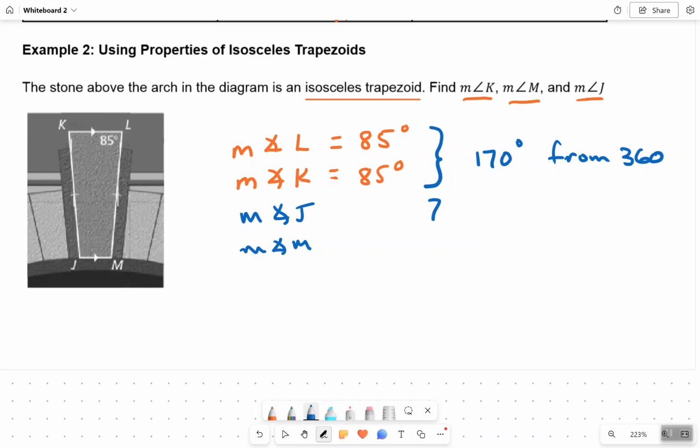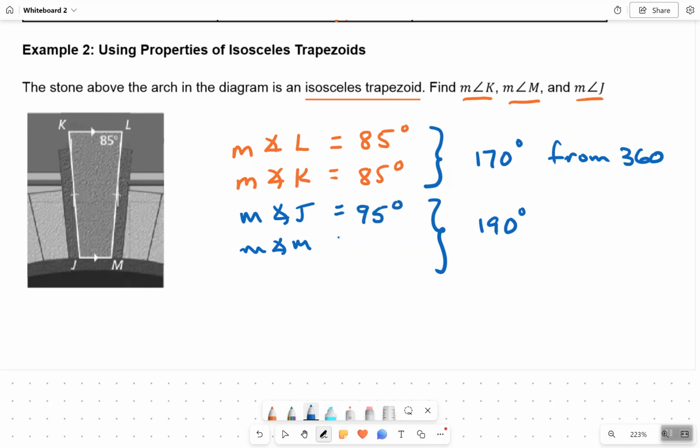Means there has to be a remainder of 190 degrees between these two congruent base angles, right? Anybody know what 190 cut in half is? 95. Very good. So the measure of angle J is 95 degrees.